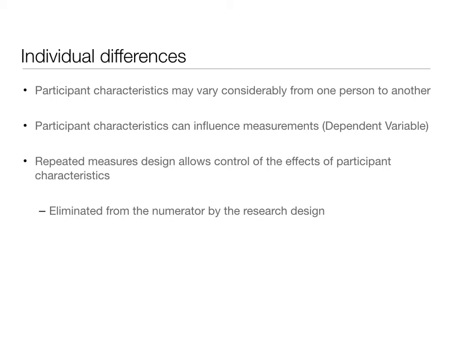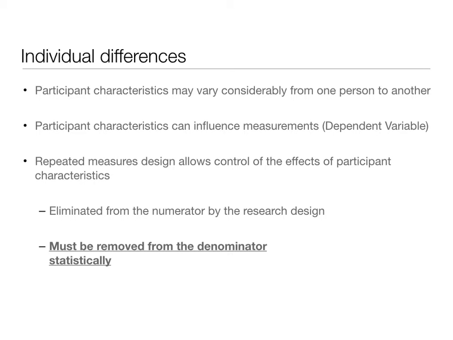It's eliminated from the numerator of the F ratio by the research design. Because we don't have between group variance due to individual difference, because it's a within subjects design, it was never in the numerator. The problem is that with the way we calculate an ANOVA, we calculate it into the denominator.